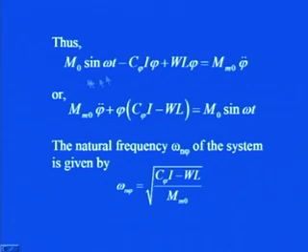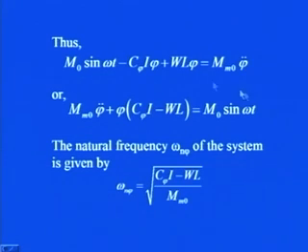This is the external moment. Then we had the moment, as I told you earlier, C phi I into phi, which was in the anti-clockwise direction, and plus W L phi, which was in the clockwise direction, and that becomes equal to the inertial moment, that is, M_mo into phi double dot.